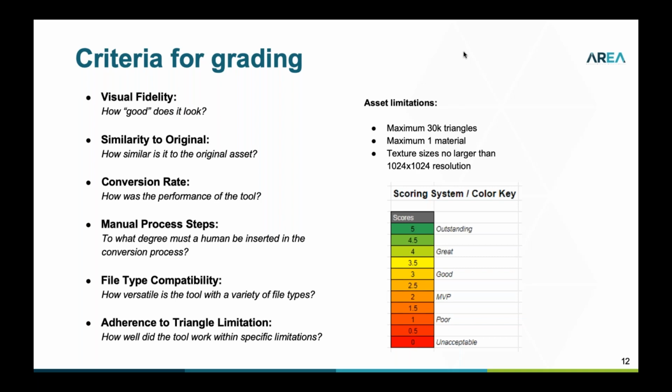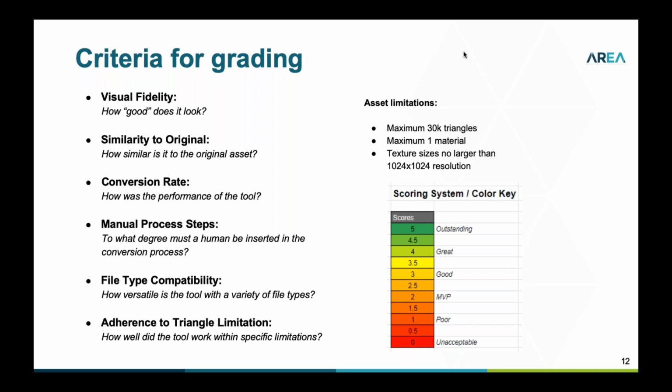Something can be more similar and actually look a little bit less good, and vice versa. Something can look good but have no basis in reality. You can imagine a car that doesn't exist and create a 3D model of it. It would have fantastic visual fidelity, but it wouldn't look anything like it was supposed to look like. So that would actually be a bad thing.